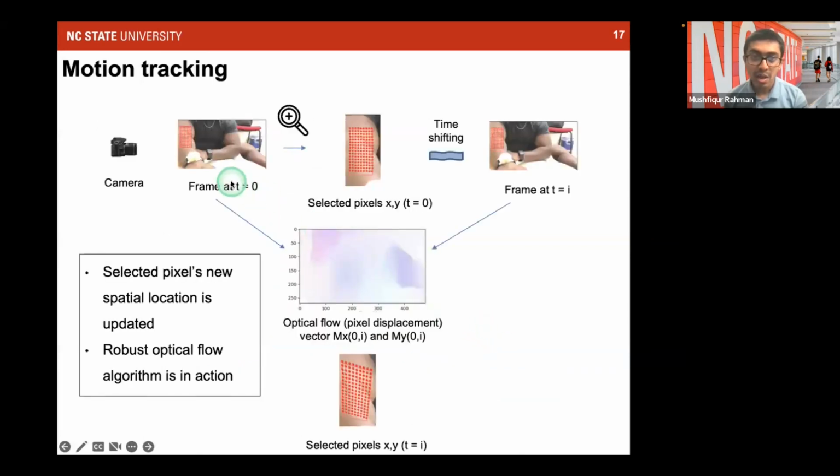Again, a human can change the position of the skin, for example the hand or other skin regions. So we again need an optical flow algorithm to estimate the motion vectors for each pixel between our initial time frame and any arbitrary time frame. So we use the GMA optical flow algorithm and update the region of interest for each new frame of this video.